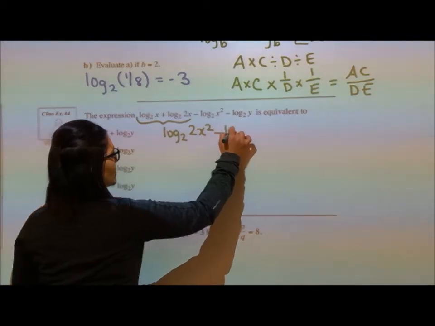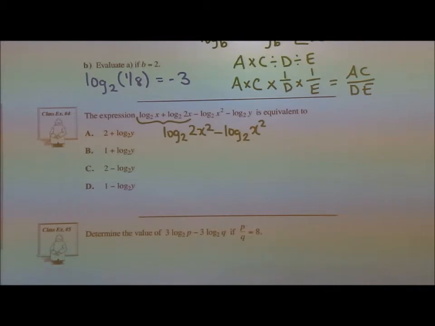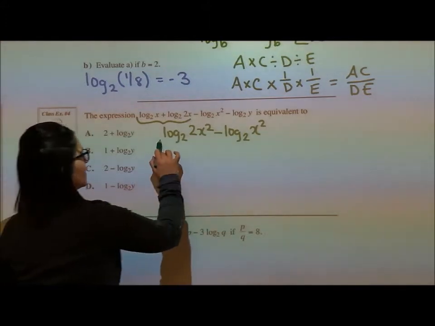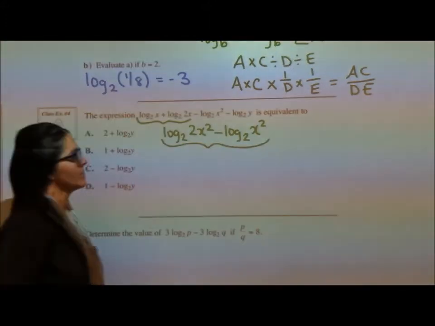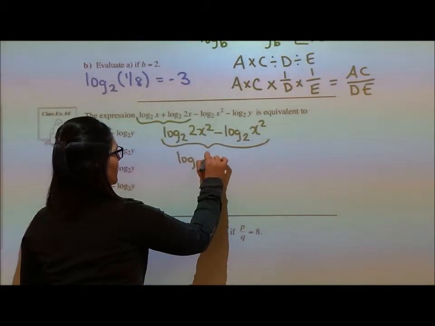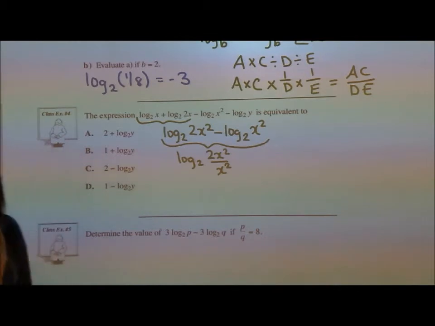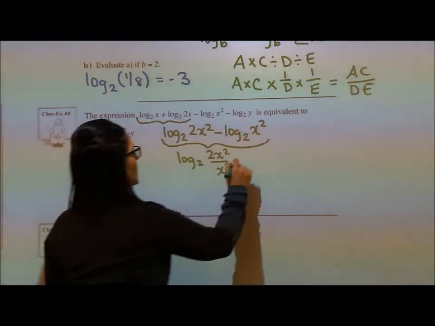And now if I subtract the log base 2 of x squared, what would I do with these two? Divide 2x squared by x squared. Okay. And what do I get when I divide those together? Log base 2 of 2.